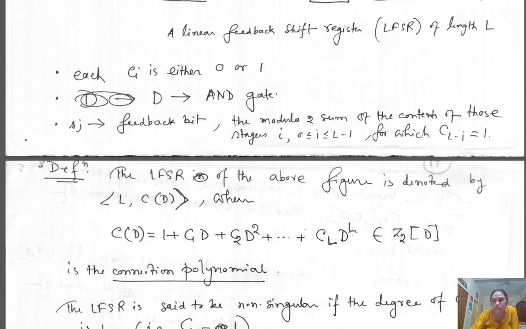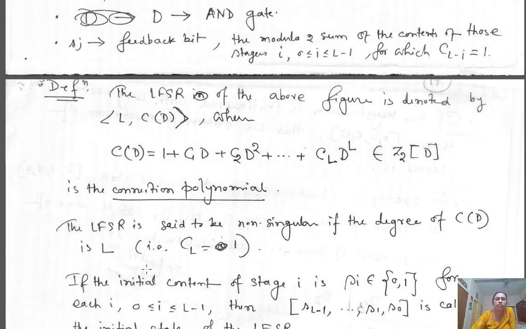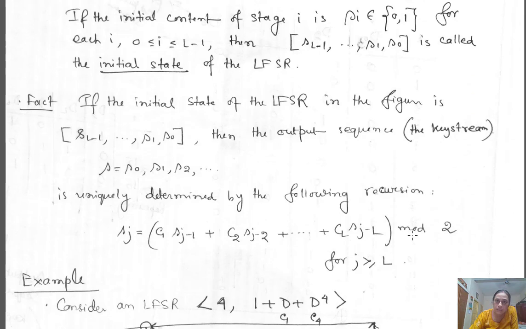So if CL is non-zero, then it is non-singular.